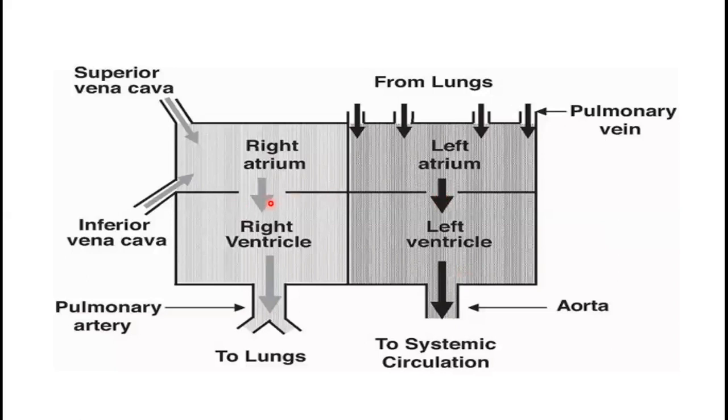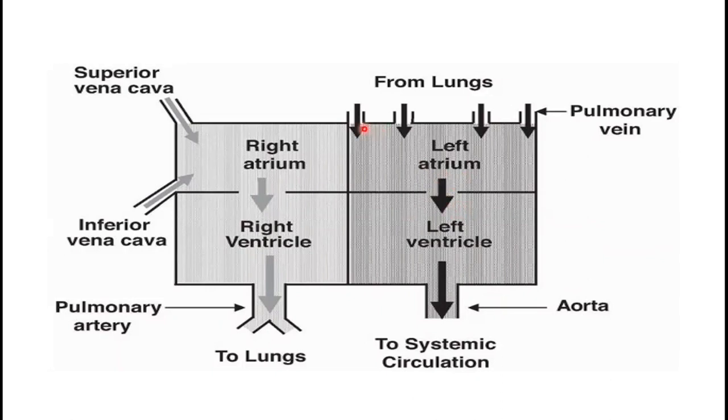The valve present between the right atrium and right ventricle is known as the tricuspid valve. And the valve present between the left atrium and left ventricle is known as the mitral valve or bicuspid valve.